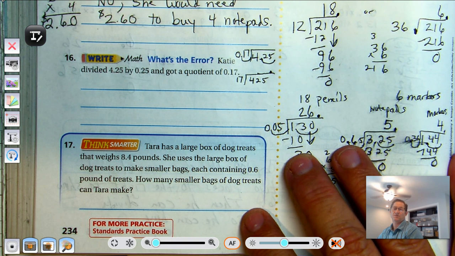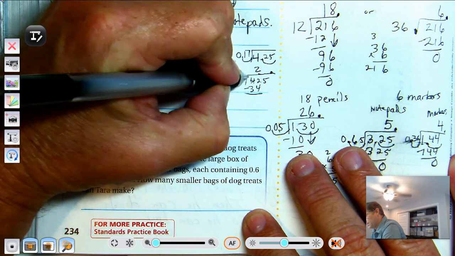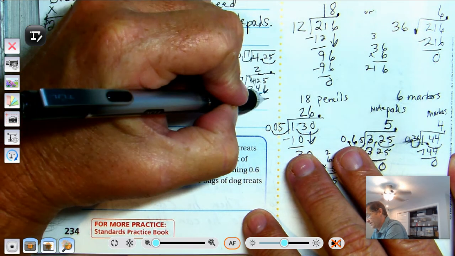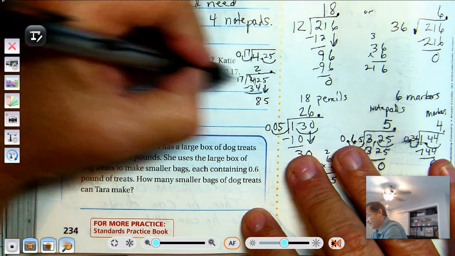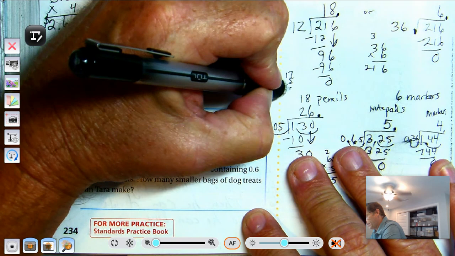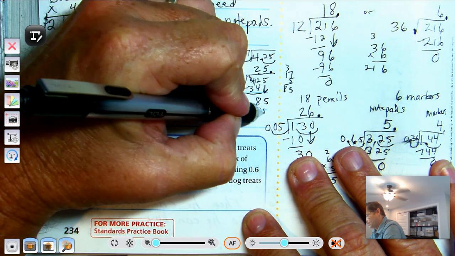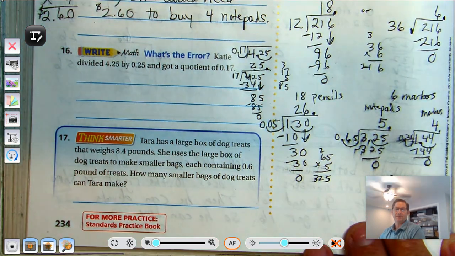That's 2 times 17 is 34. So I think it's going to be 2. Leaves me 8. Okay, let's bring down the 5. 85 divided by 17 is probably going to be 5. 17 times 5 is 85. Okay, so I got an answer of 25.